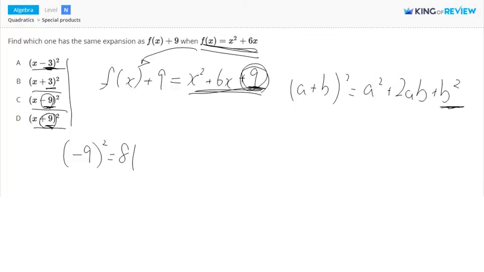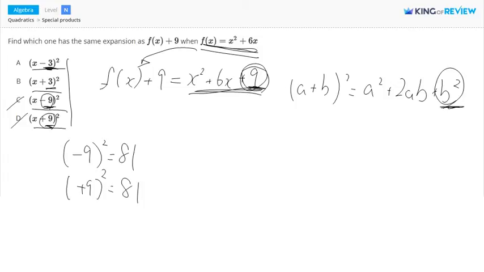Well, it says positive 9, so that's going to be positive 9 squared, because we're going to do b squared, right? So that's going to be 81 too. Which means automatically that C and D can't be the right answer. So it's got to be A or B, because for A, when you do b squared, you're going to get negative 3 squared, which is 9. And for B, you're going to have positive 3 squared, which is 9 as well.